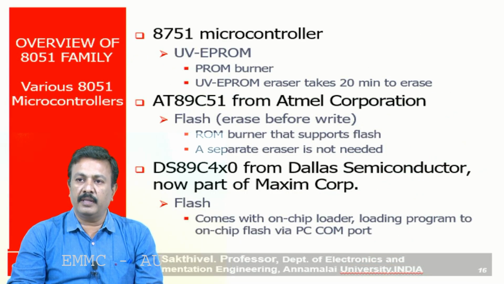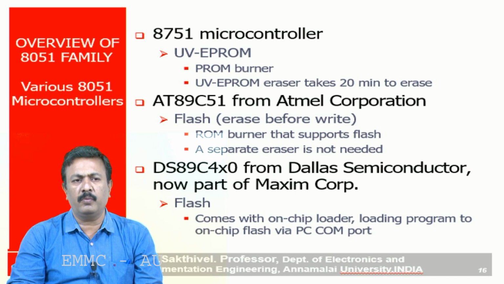Some other family members: the 8751 microcontroller also comes from the Intel family. This is a UV-EPROM. If you want to program the ROM, you need an EPROM burner. For programming and erasing the data, you need a minimum of 20 minutes; you have to wait to erase the data. This is one of the drawbacks of the 8751 microcontroller.